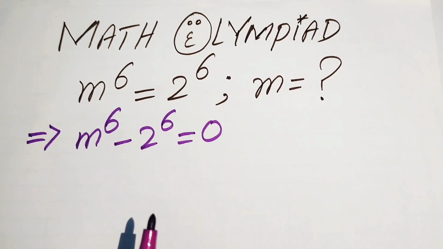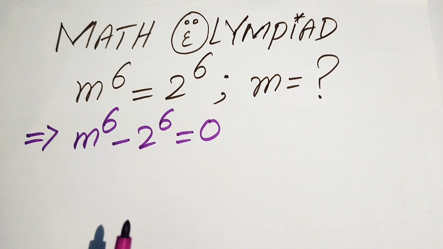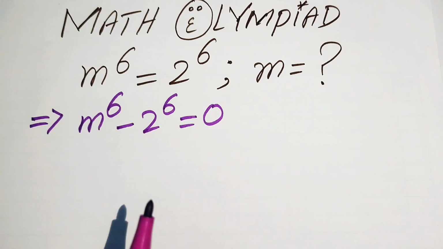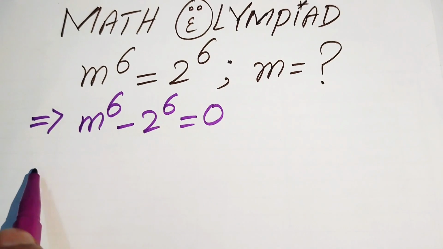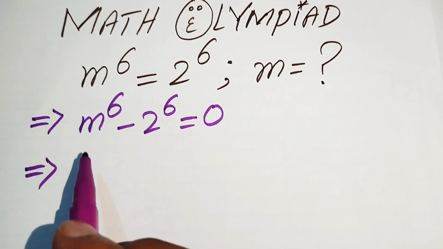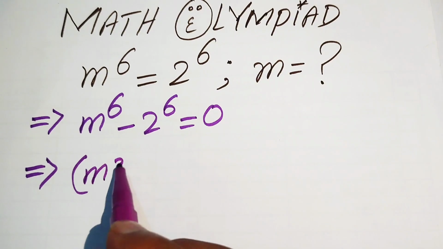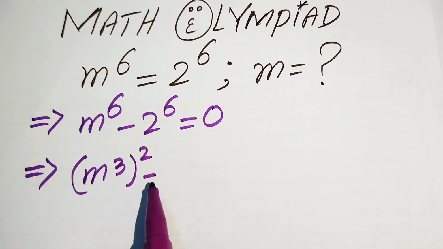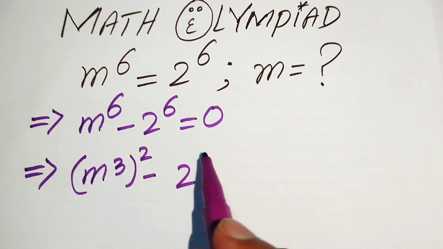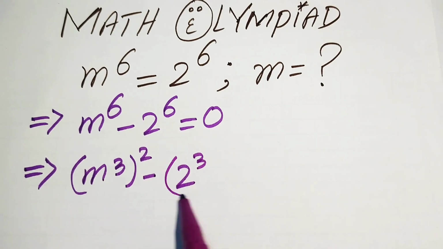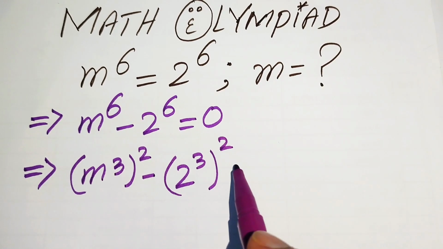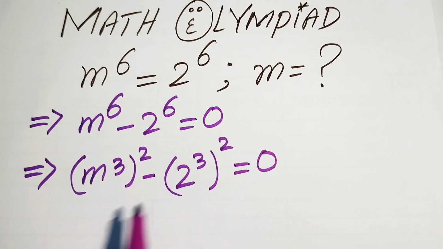And now in the next step we convert this equation into the product of two cubic factors form, so we rewrite this equation as m cubed and its whole squared minus 2 to the power of 6, which is written as 2 cubed and its whole square, equals 0.